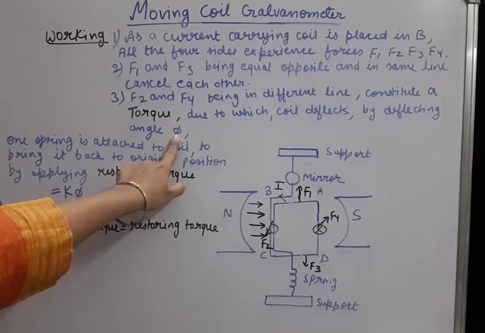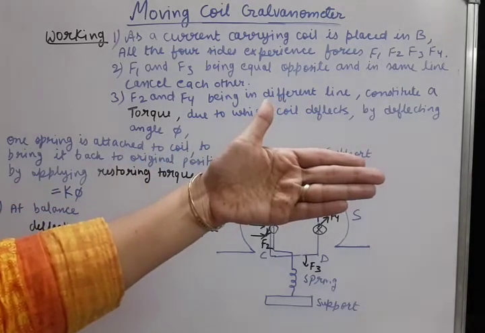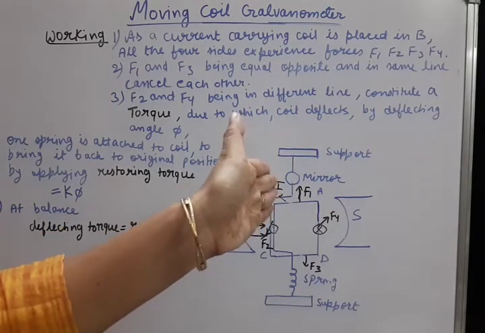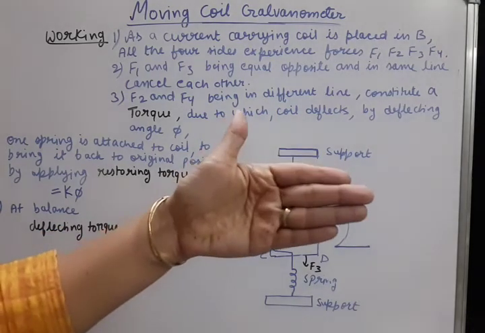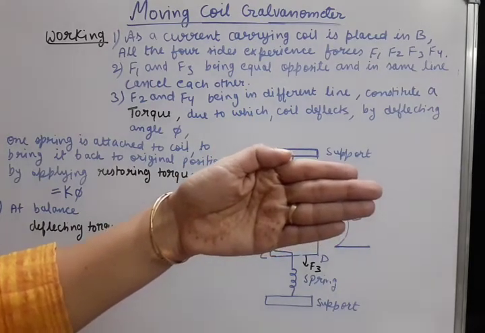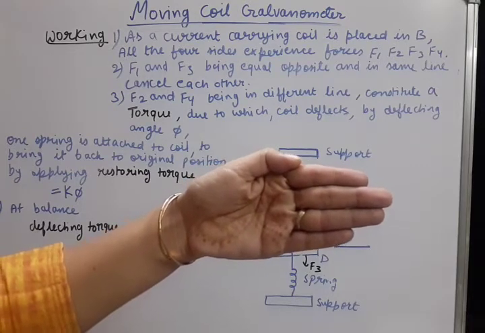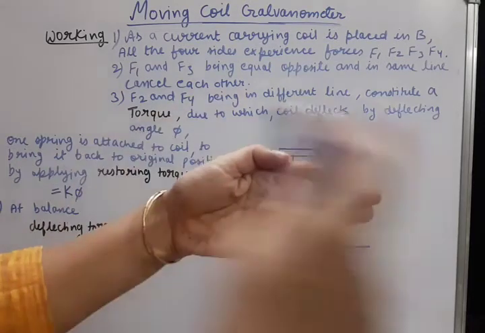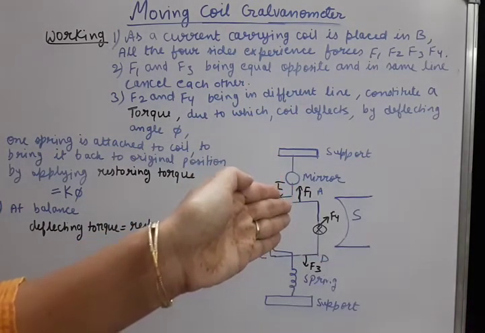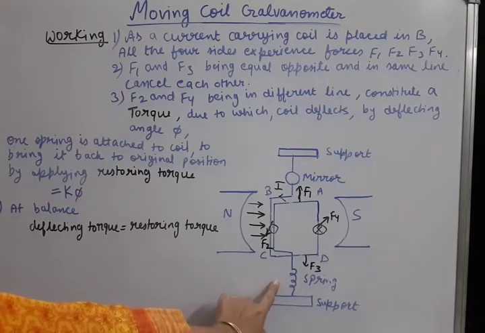Now till here we have discussed already. What will happen? The coil was like this, it will deflect as soon as the current and magnetic field are present. Initially, until no current is there, the coil may be like this. But as soon as the current starts flowing, the magnetic field is all the time present on the two sides of the coil. The coil will deflect like this. Now here the role of the spring starts. Why is the spring connected?